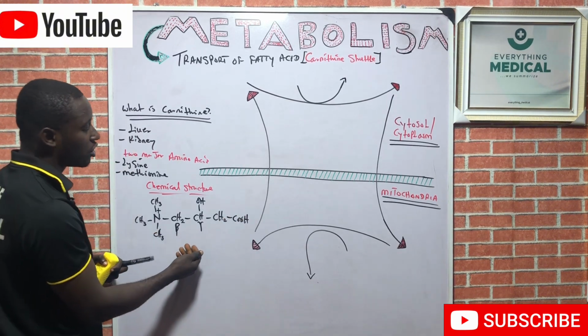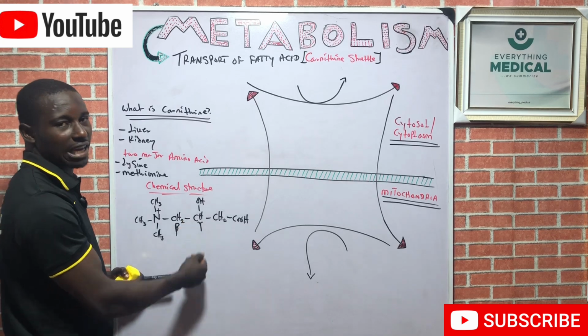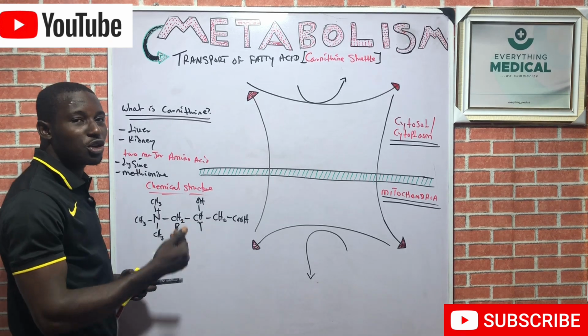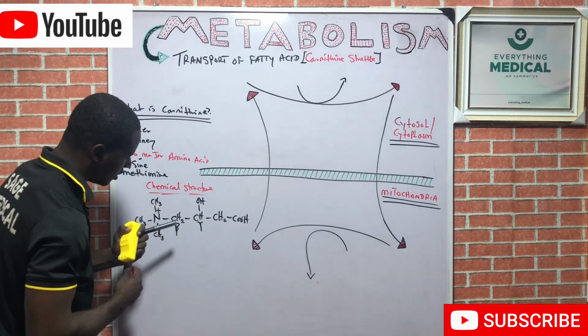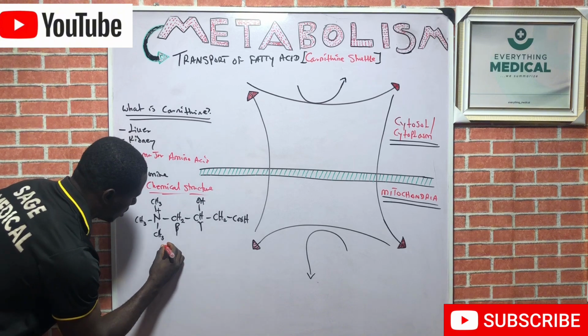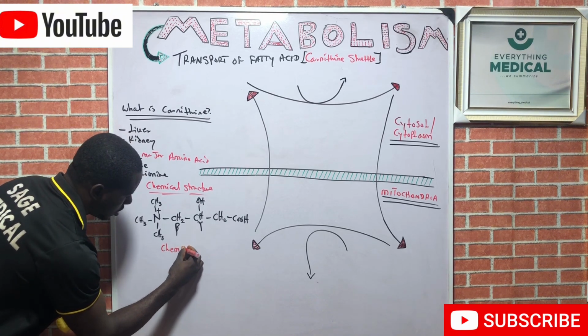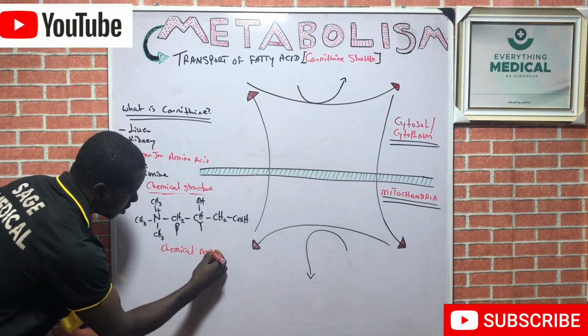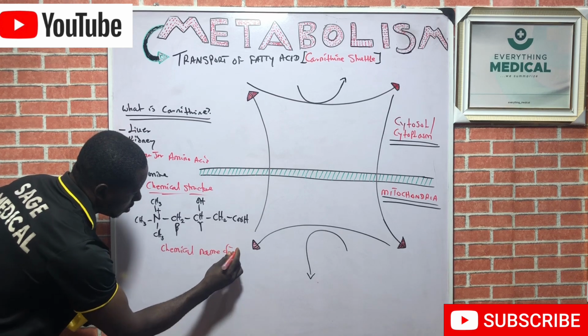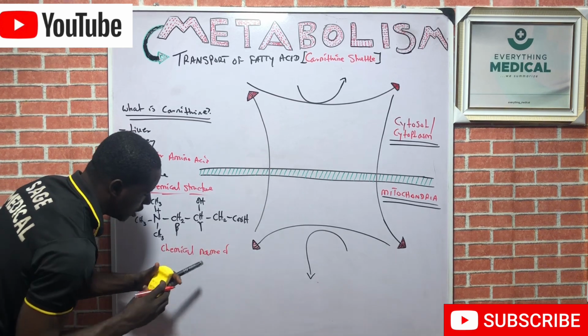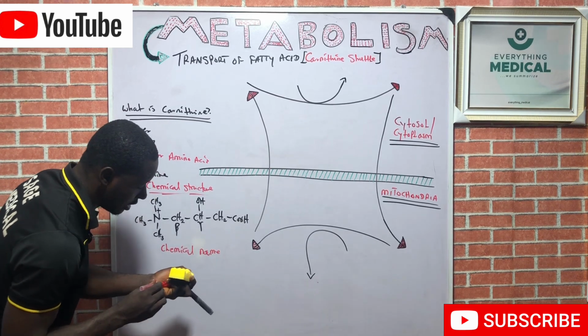This is the chemical structure of carnitine. Now, let's go to the chemical name of carnitine.